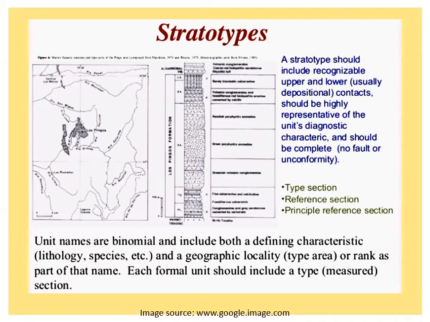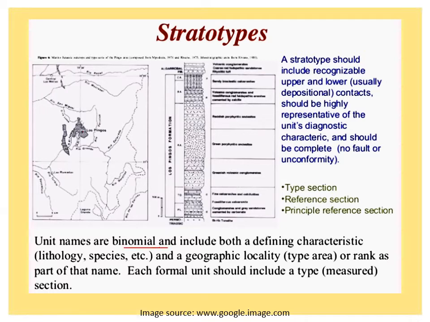Now for every type section there should be a name. The type section is for the particular litho unit, in our case, say, a formation. Every litho unit is named in a binomial way.